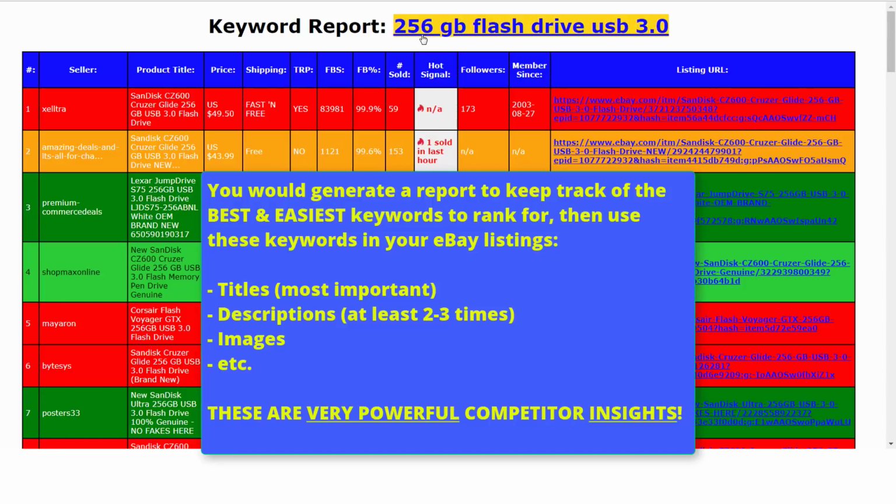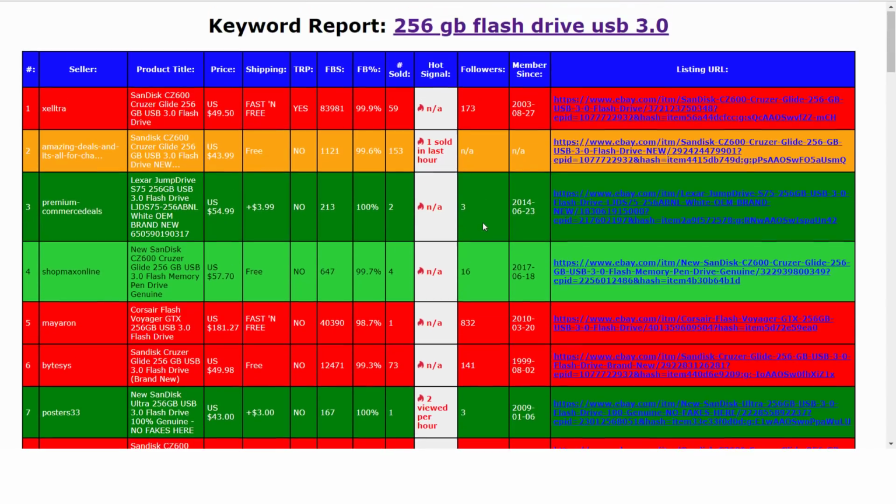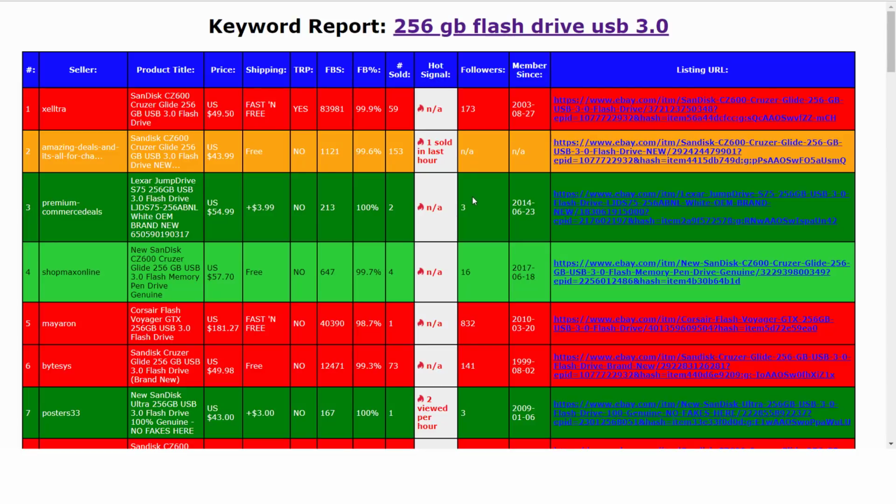For example, if we targeted this keyword phrase, we would target 256 gigabyte flash drive USB 3.0. We would take this keyword, put it into the titles of our eBay listings, put it into the body at least 2 to 3 times of the description of the listing, put it into the images, and not only will you show up in eBay on the first page of eBay search results, but you would also show up on the first page of Google a lot of times, because Google will put eBay listings on the first page of their search results as well.